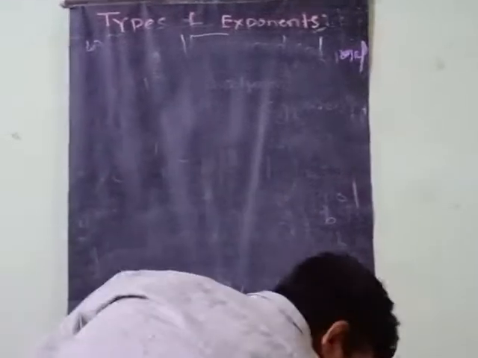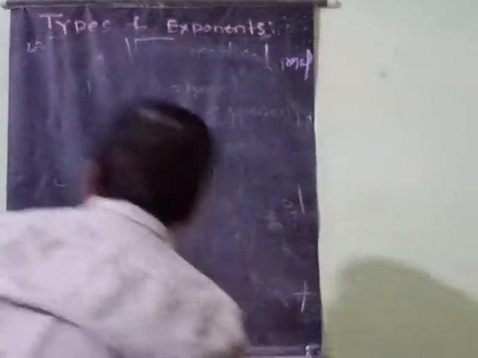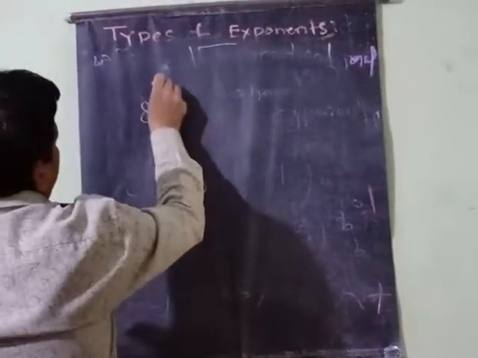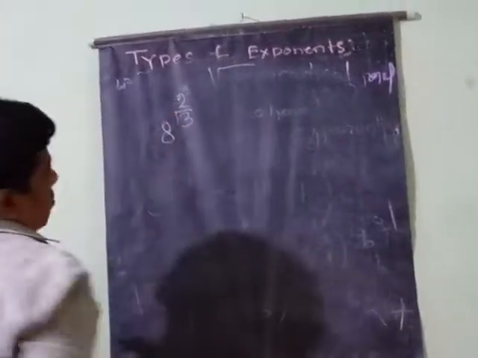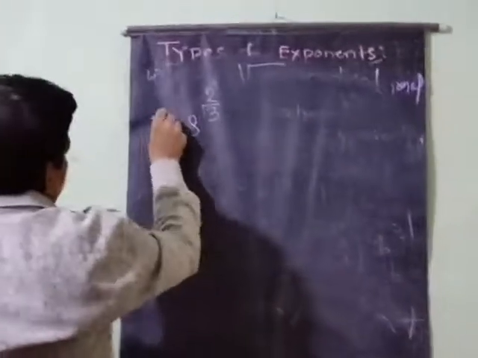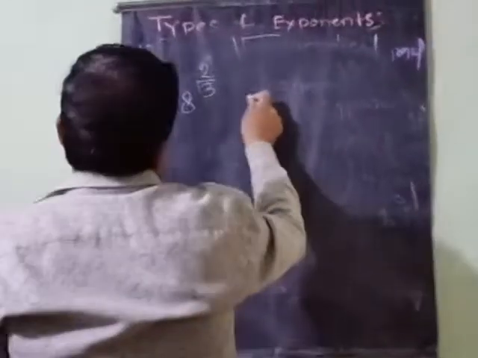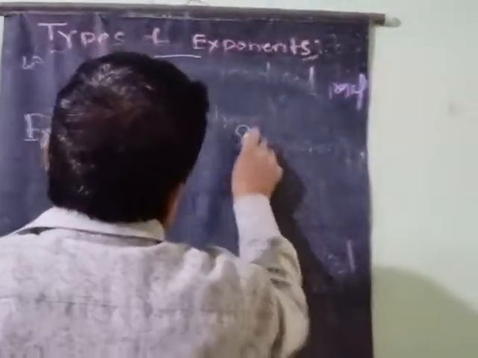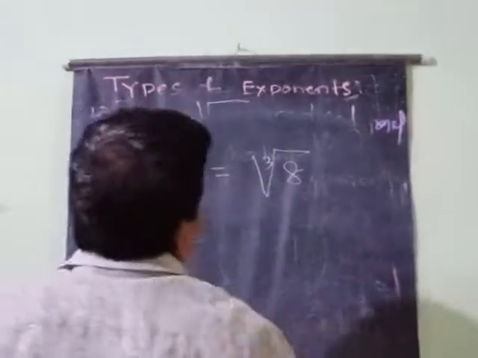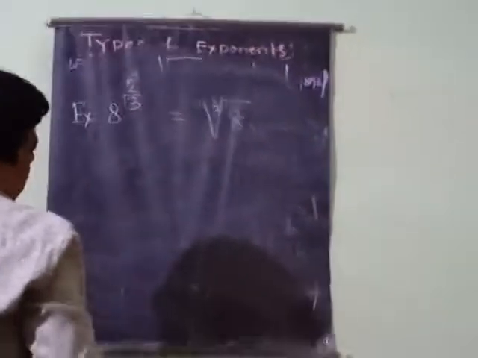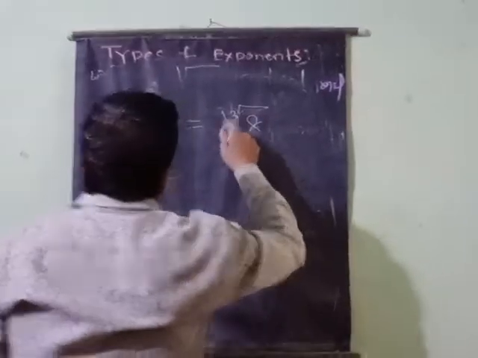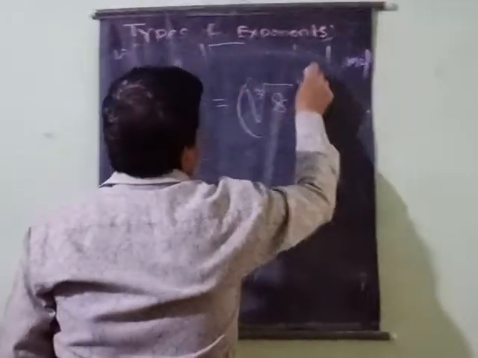Suppose I write 8 to the power 2 by 3, which is also a rational exponent. Another example. How can I write it? The order of the root is 3, so cube root, whole to the power 2.